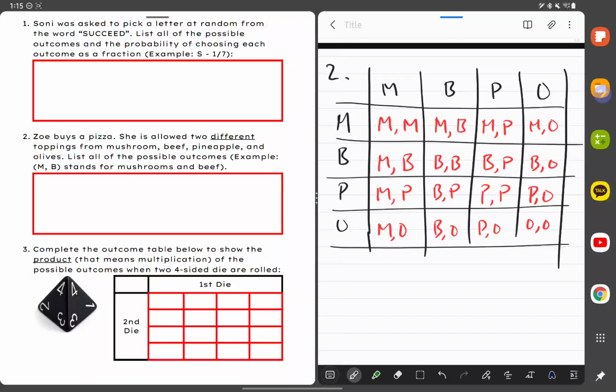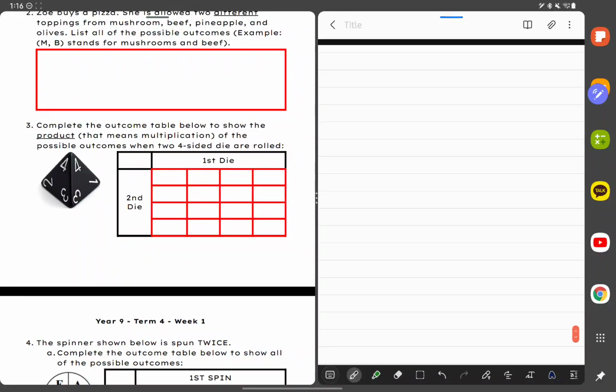But because the underlined word is different, I'm going to say that perhaps these are not allowed. Neither is this one. If that's the case, PP and OO also not the case, right? So maybe we don't count those. Of course, if I'm wrong and we have to count them as well, then you cannot cross them out, but that might be an extra detail we might need. Moving on.